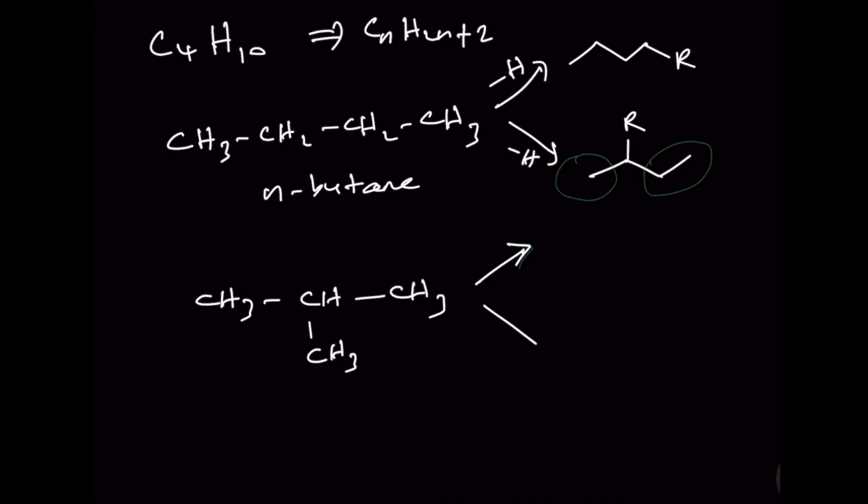So, in this case, if you remove the hydrogen from one of the CH3s, then what you get is isobutyl. So, that will be basically one of the CH3s, we are just removing one hydrogen atom.